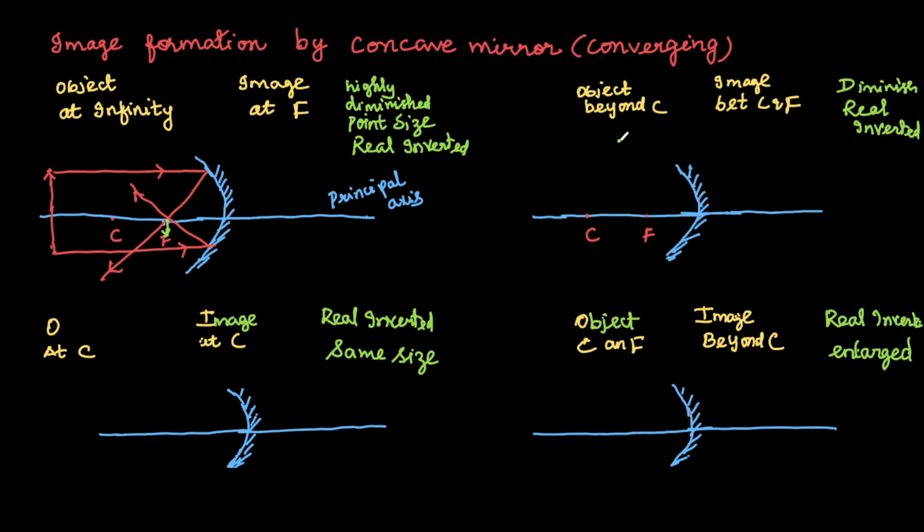Next, we keep the object beyond C. So I am drawing the object beyond C. The light ray from the object, parallel to the principal axis, falls on the mirror, and after the reflection, it passes through the focus.